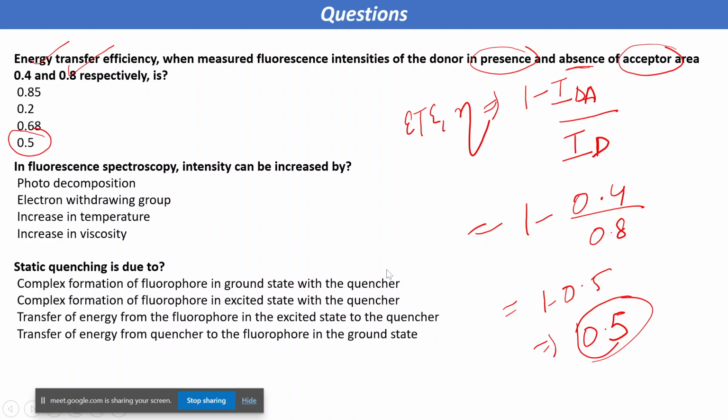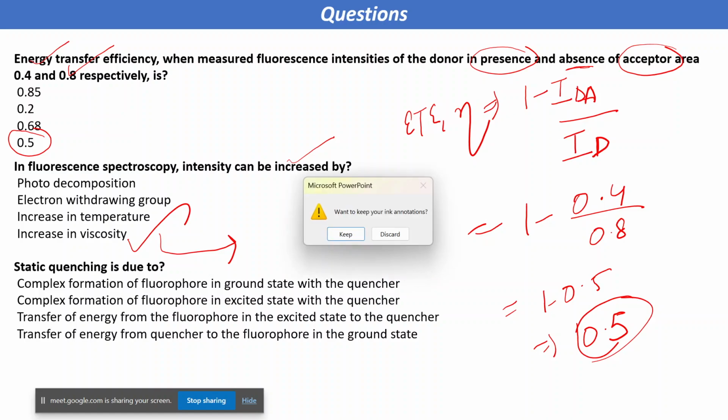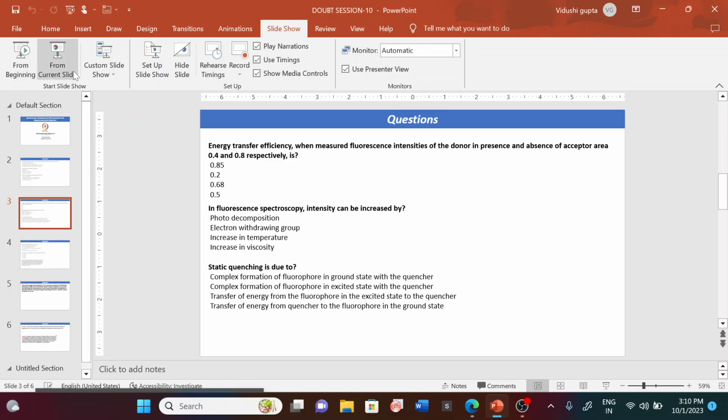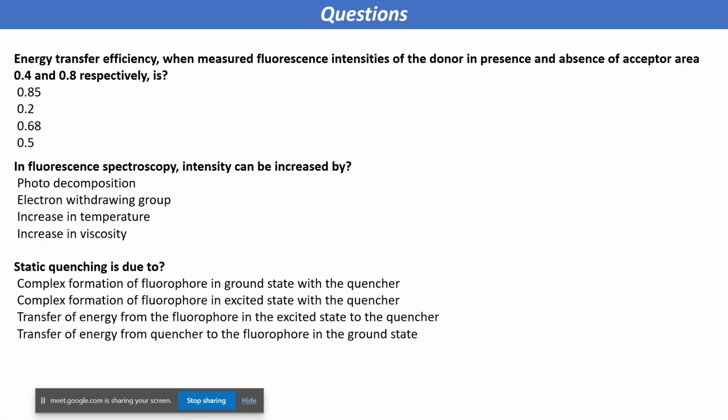Now, in fluorescence spectroscopy, the intensity can be increased by photodecomposition, electron withdrawing group, increase in temperature, or increase in viscosity. So how can you increase the fluorescence intensity? Increase in viscosity. Yes. And why does increasing viscosity do this?